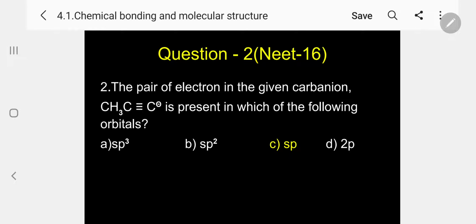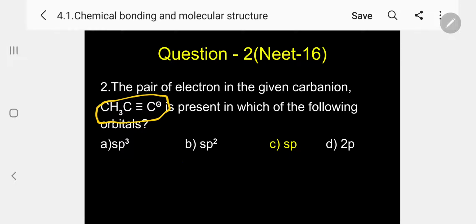Now let me come to the question. The question is very, very easy. But whatever we have studied so far from hybridization is not applicable here because this is an organic compound. In organic compounds, our ordinary method of hybridization we should not apply. So I will give you a clue here.